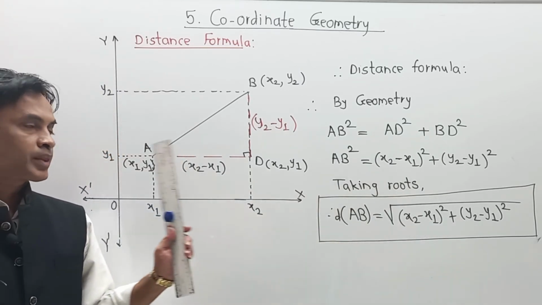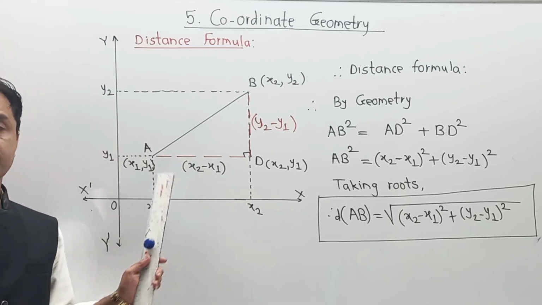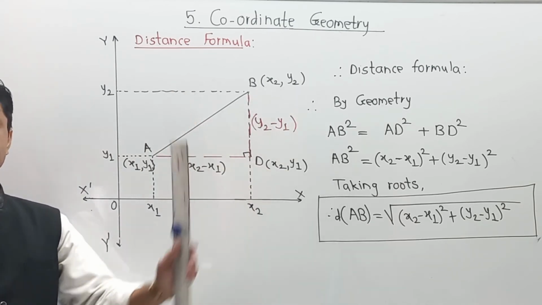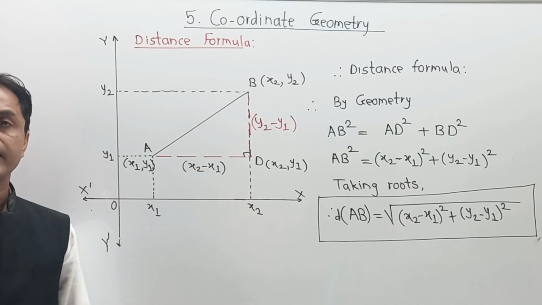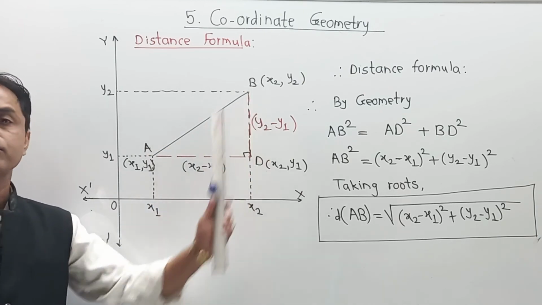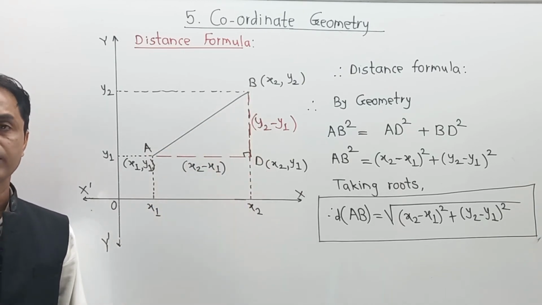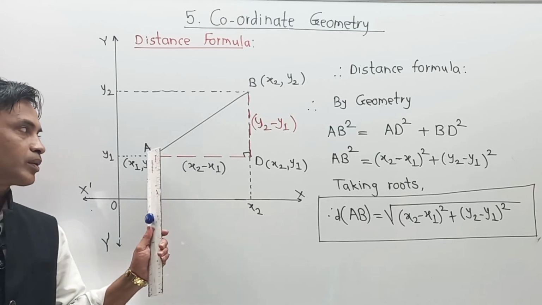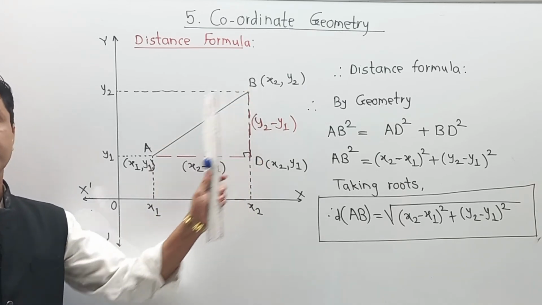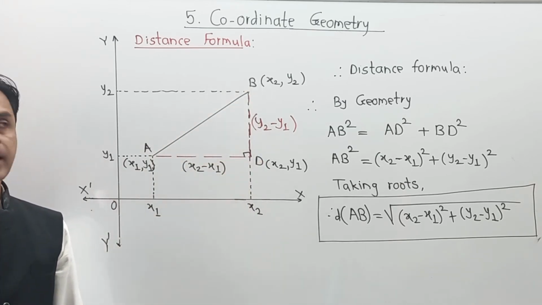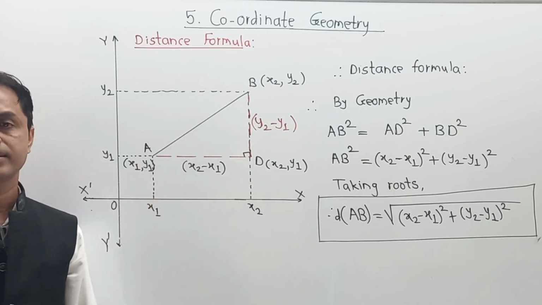So you don't have to worry. Any point you can indicate as x1 y1, any point as x2 y2, and automatically your answer for the distance of any 2 points is always positive. Either you can calculate the distance from A to B, or from B to A, and this concept is called the distance formula.